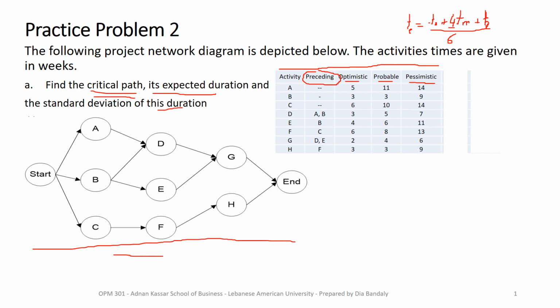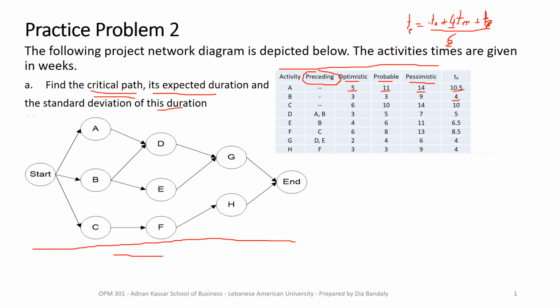So the sum of the weights is 6. I have added here a column where I calculated the expected duration for every activity. For example, 10.5, how did we get that? This is equal to 5 plus 4 times 11, that's 44, plus 5, 49, plus 14, so that's 63, divided by 6, you will get 10.5.